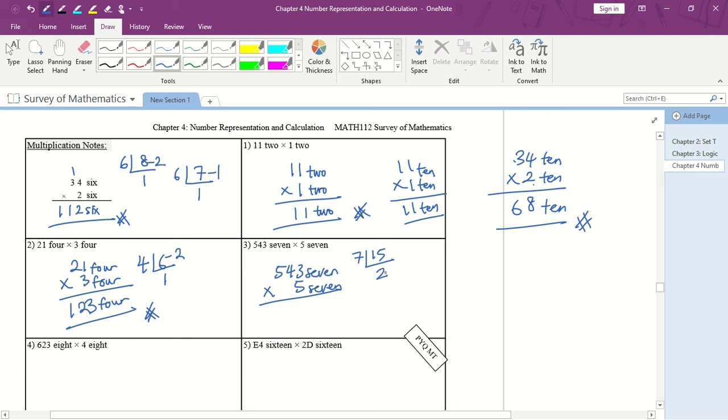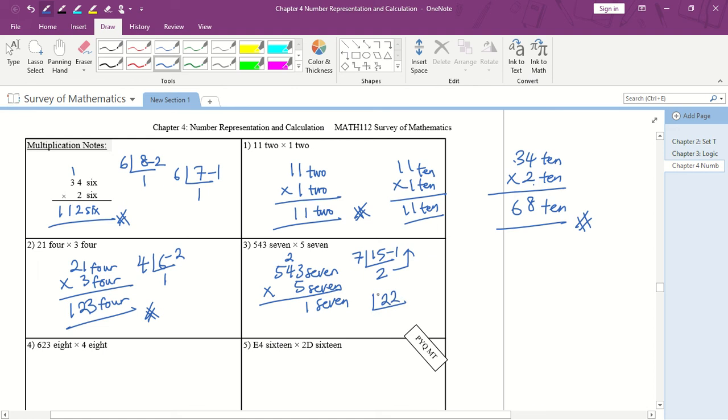So 2 times 7 is equal to 14. 15 minus 14 is 1. So we know that this is 2, 1. So here would be 2, here would be 1. Okay, so far so good. So 5 times 4 is equal to 20, and 20 plus 2 is equal to 22.